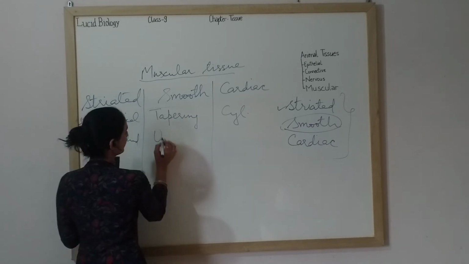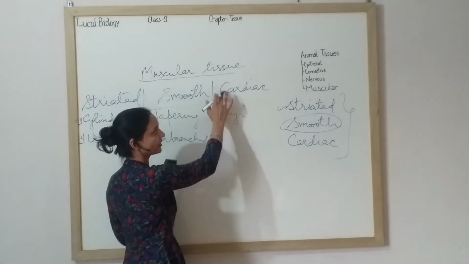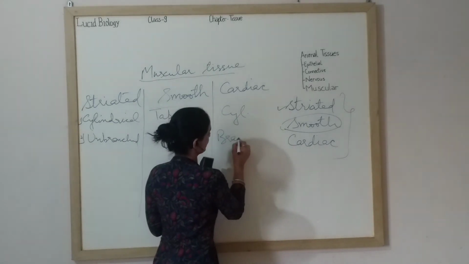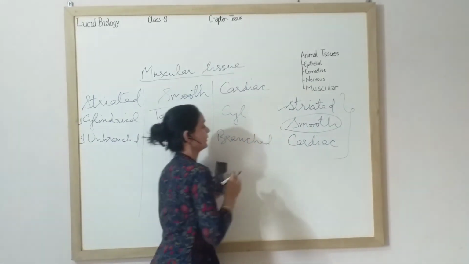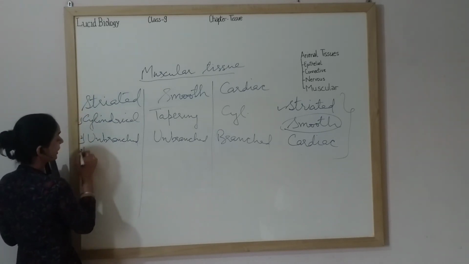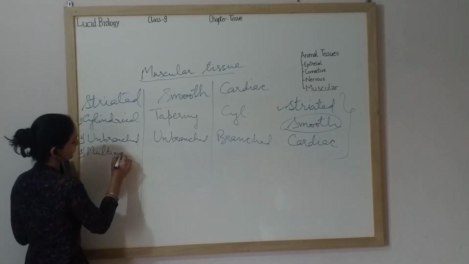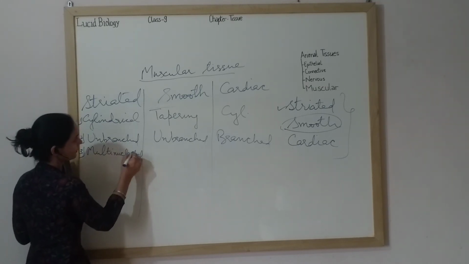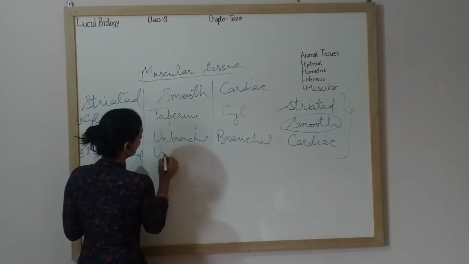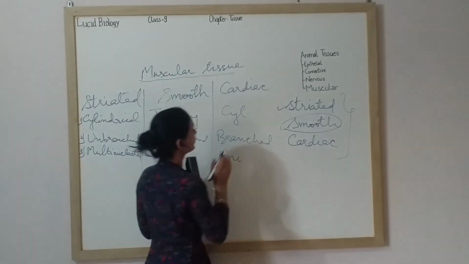Smooth muscles are also unbranched, but cardiac muscle is branched. Now, striated muscle has many nuclei. They are multinucleated. Smooth muscle is uninucleated. Similarly, cardiac muscle is also uninucleated.